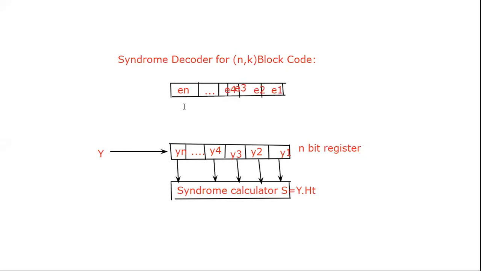E1 E2 E3 E4. So this is the error vector.